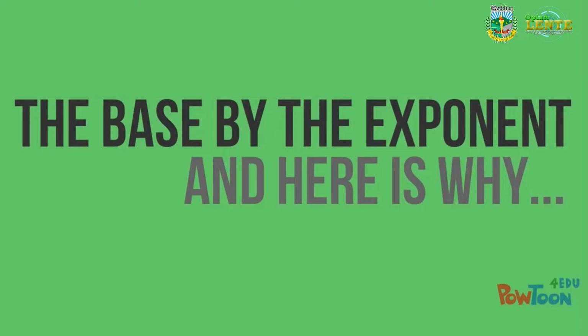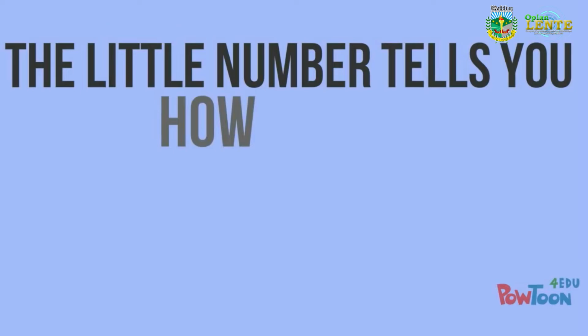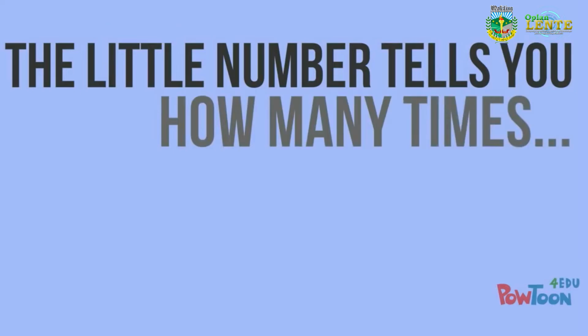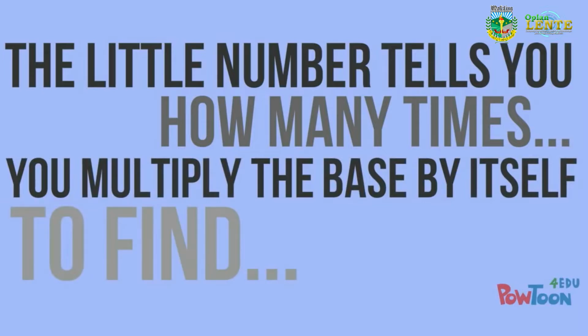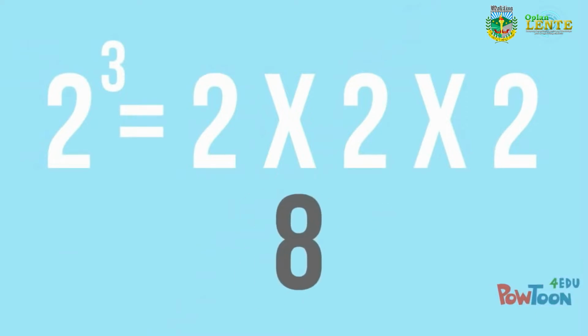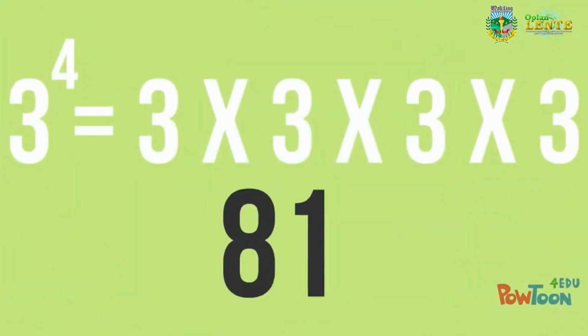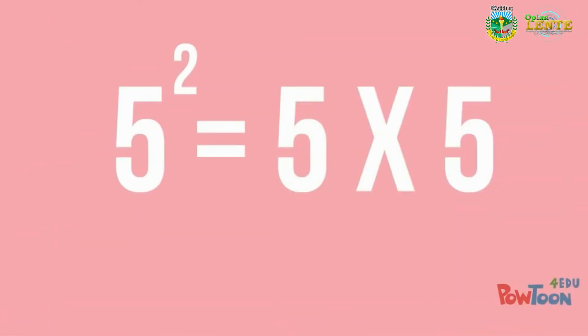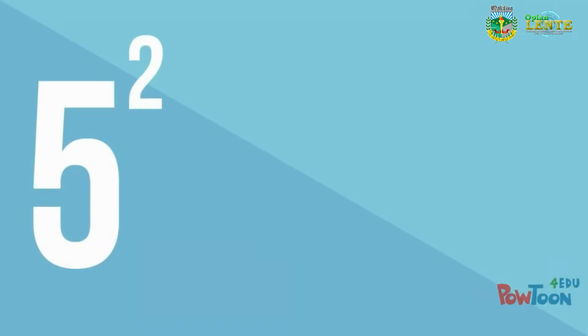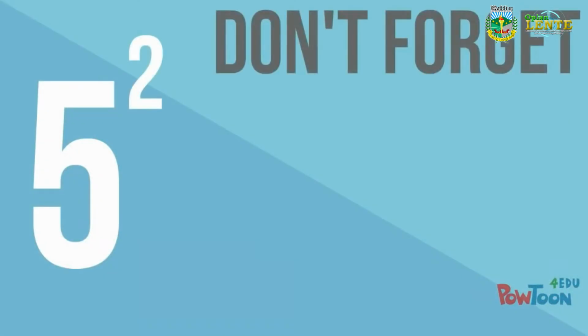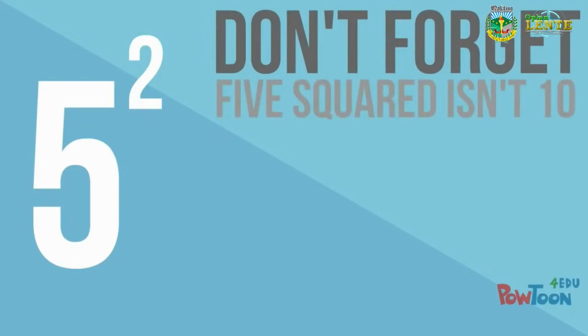Here's why. Little number tells you how many times you multiply the base by itself. It's all about the base times the base. 5 squared isn't 10.